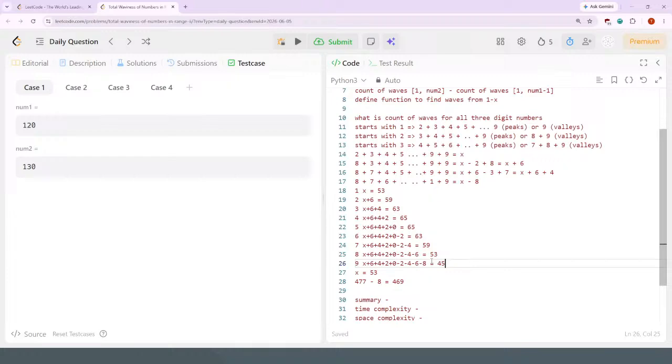Oh boy. 50. So I would just do 53 summation to 5, difference of 4. Or maybe I do the backhand summation, 45 to 65, difference of 4.